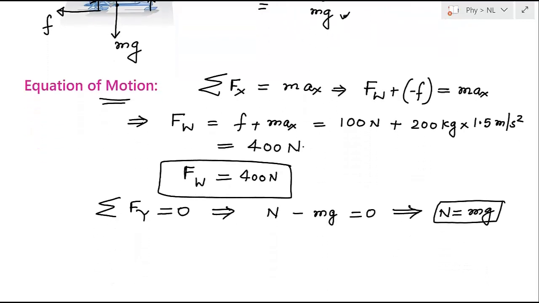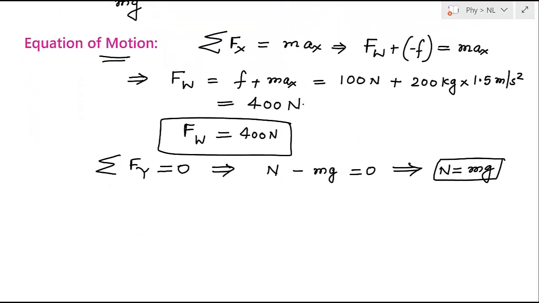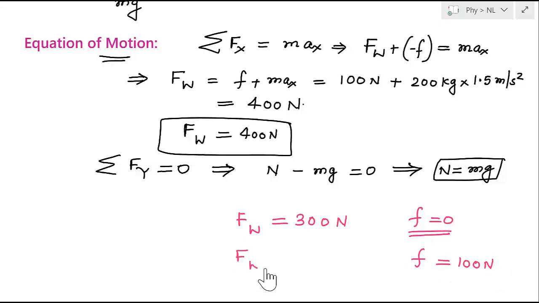Now if you compare, we have done the same problem, but there was no friction. In that case we found the Fw value was 300 Newton. You can see that in the previous videos. So in that case, when F was 0, that is, there is no friction, Fw was 300, and when there is a friction of magnitude 100 Newton, we found that Fw equals 400 Newton.